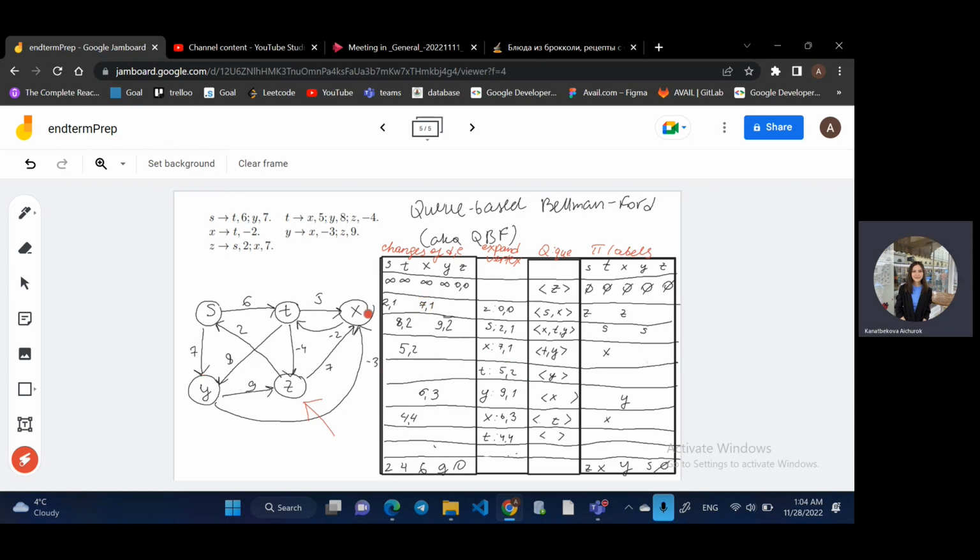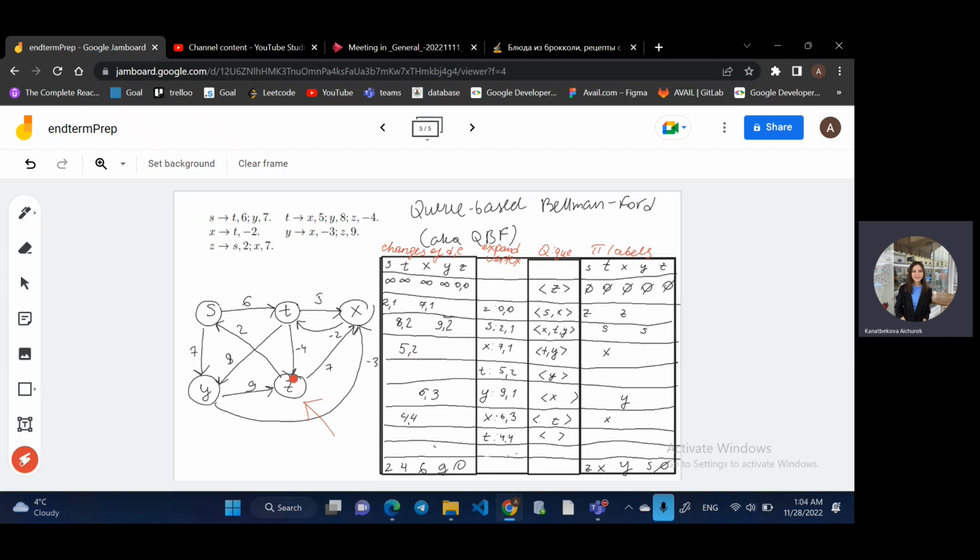And then we look at X, it has an edge to T only, so it has a cost 7, and if we add minus 2 to 7, it's going to be 5, and the old cost of T is 8 and 5 is smaller, so we write 5 instead of 8, but the E value is going to be 2.